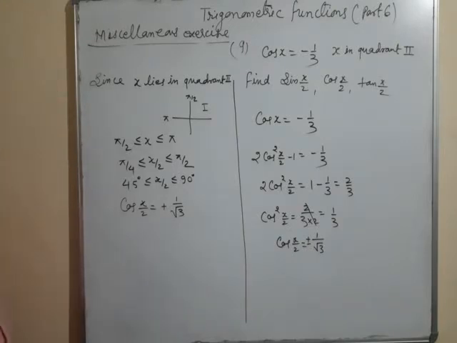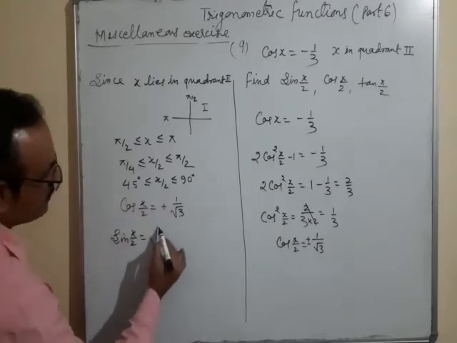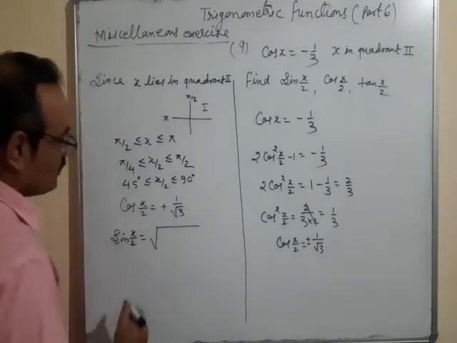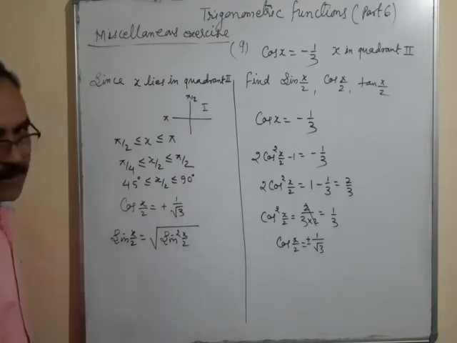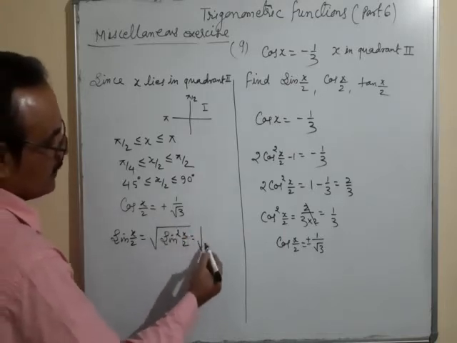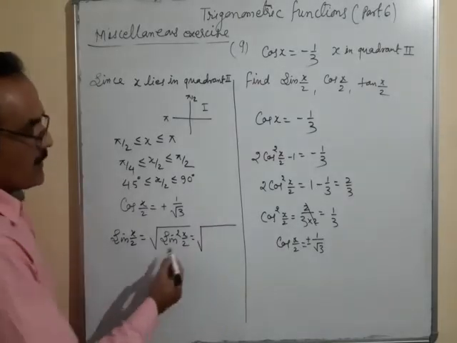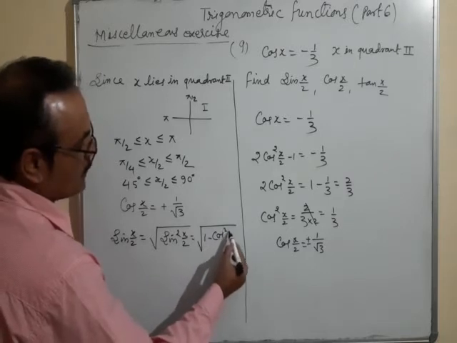Now, how to find the value of sin x by 2? May I write sin x by 2 is equal to under root sin square x by 2. Can we write like that? Under root and square cancel. Sin square x by 2 can be written as 1 minus cos square x by 2.